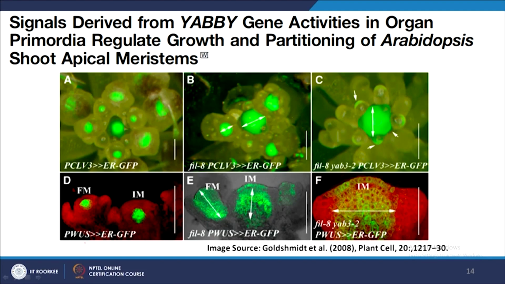Similarly, if you look at the WUSCHEL expression domain here in the wild type, it is restricted to very few cells here, but in the single mutants or double mutants, the WUSCHEL expression domain is significantly expanded both laterally as well as in the apical and basal domains. So, this suggests that the regulators of meristematic activity, their expression pattern and their localization, are disturbed when you have a defect in the organ polarity.